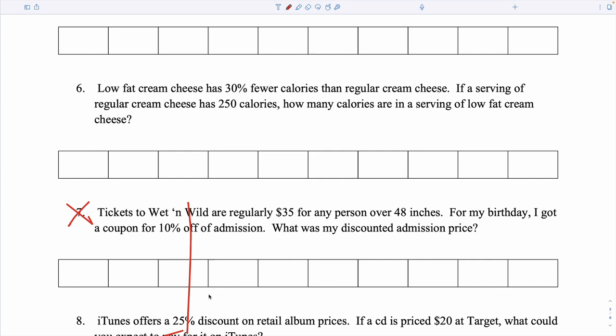Goes up by 1. Can I just count up by 1s for this one? 10. We just go up by 1s.